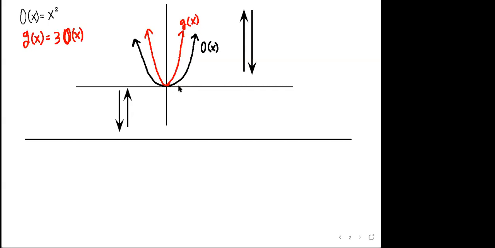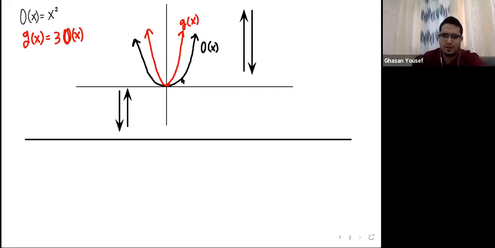So if this point, for example, is 1 and 1 for the original function, now the new point will be 1 and 3. This is 3, this is 1.